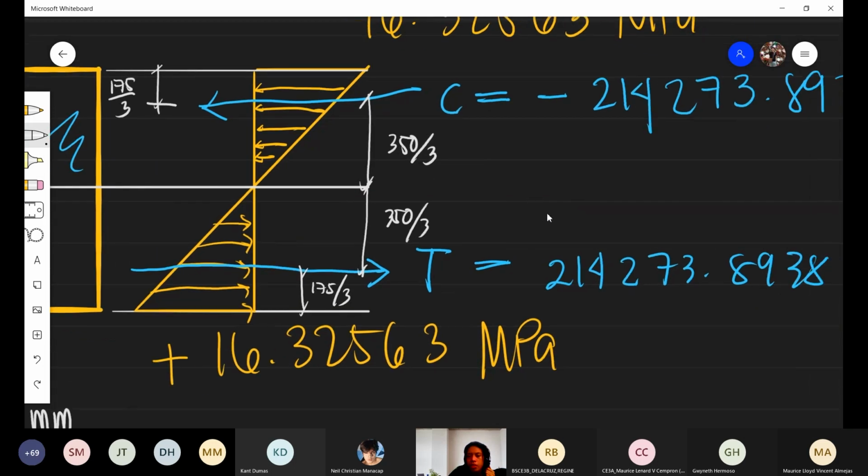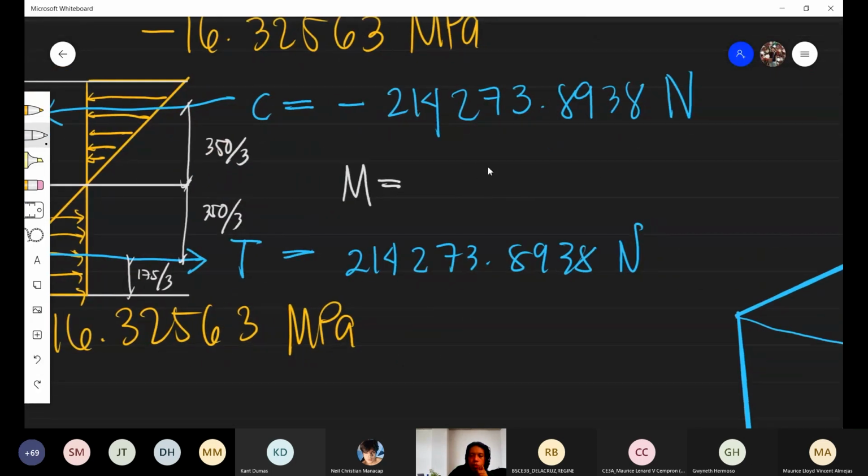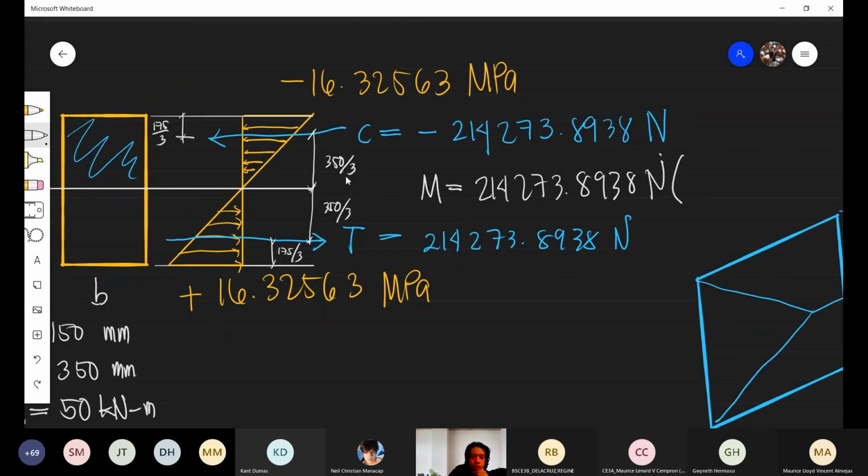When we are trying to solve for the moment of the couple, that's just equal to the magnitude of the couple, which is 214.273.8938 Newton, times the distance, 350 over 3 times 2.